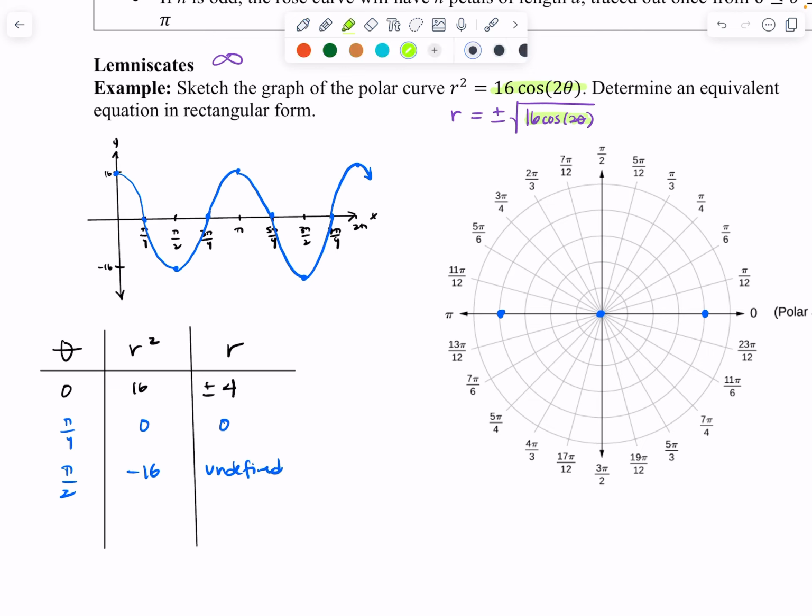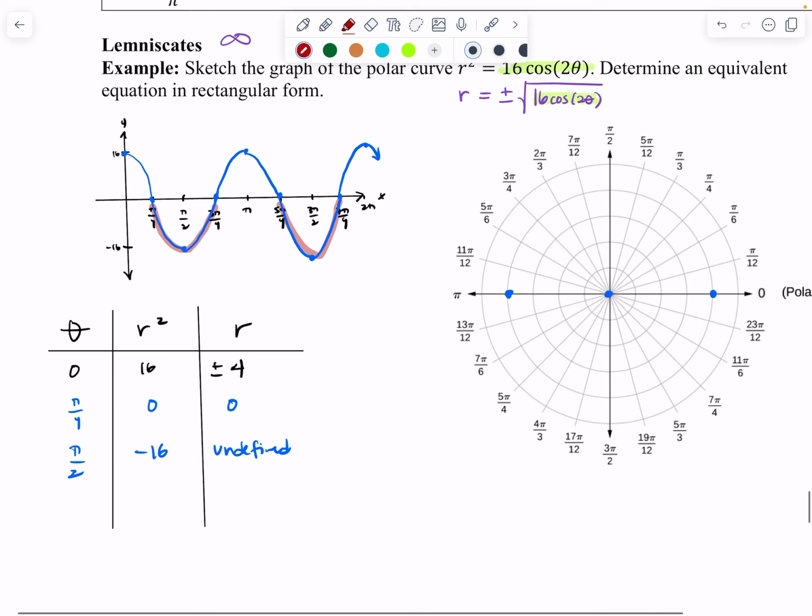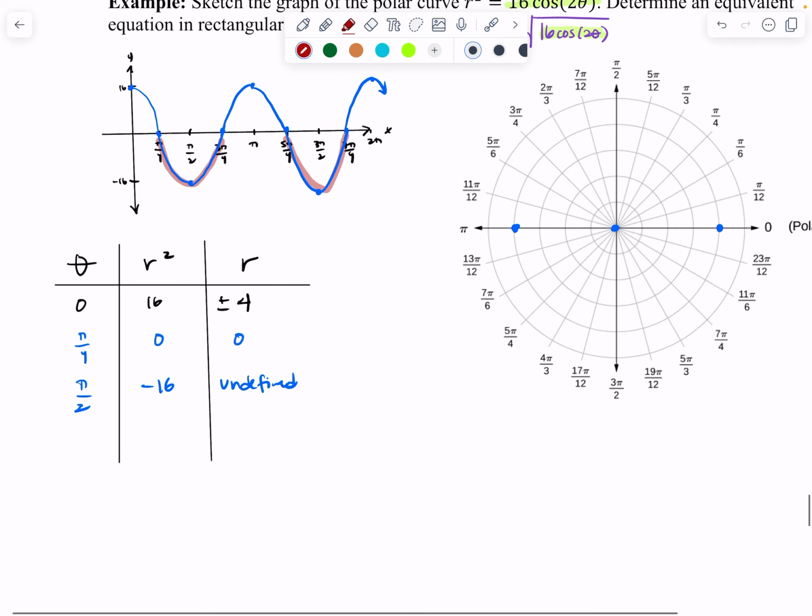Okay, so that corresponds to, I'll use red here, wherever the graph dips below the x-axis is going to give us values that are undefined because it would make r squared negative. So we can kind of ignore those values here.